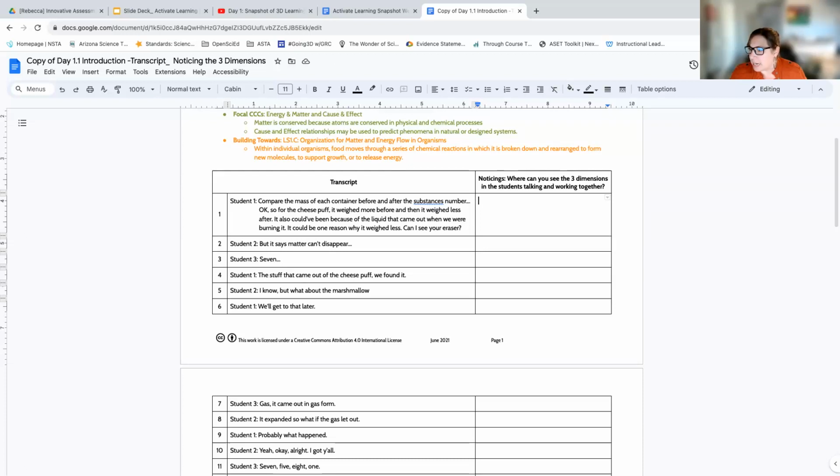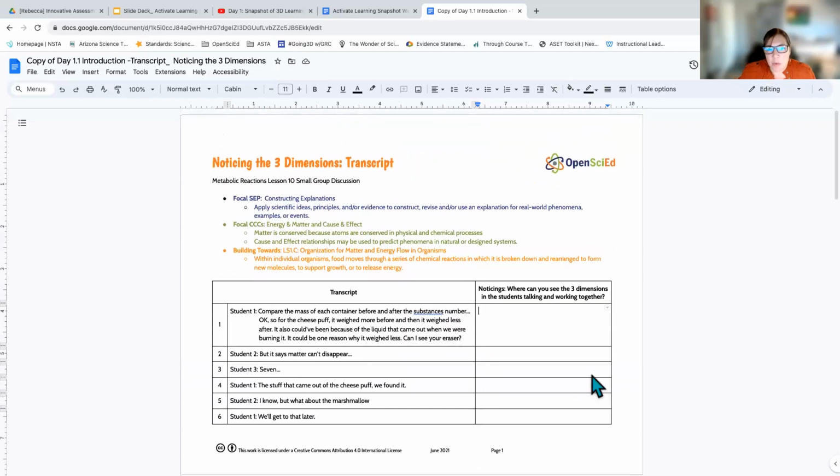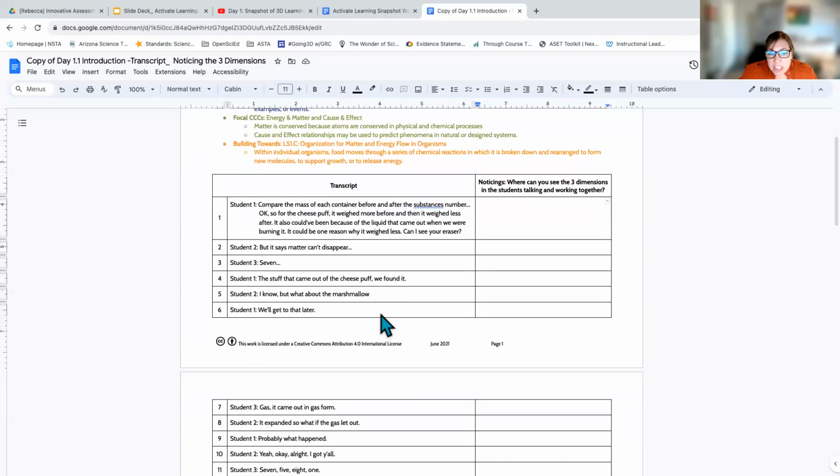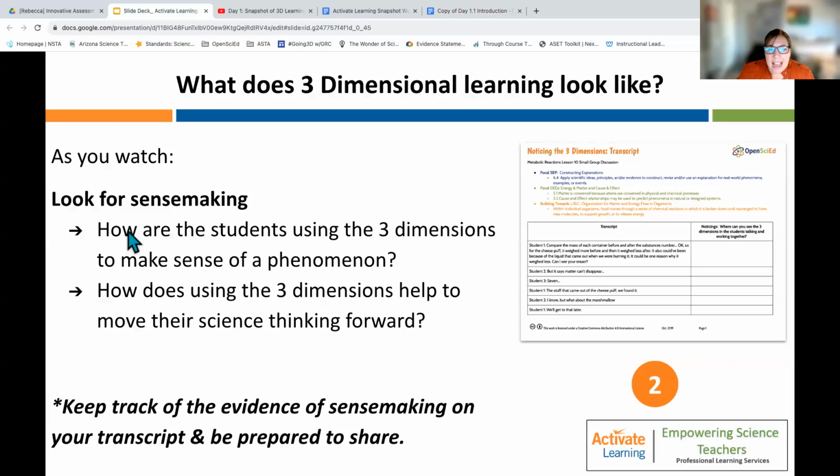I do appreciate it. Okay, as we watch the video, here's the transcript of everything that's being said and what you're looking for as you watch. Let's go over this. How are the students using the 3 dimensions to make sense of the phenomena? How does using the 3 dimensions help to move their science thinking forward?